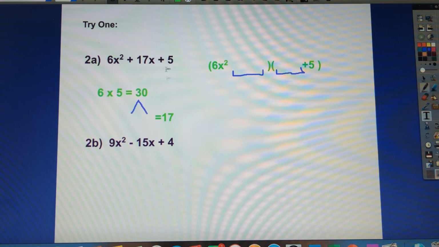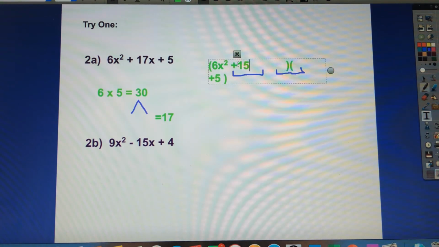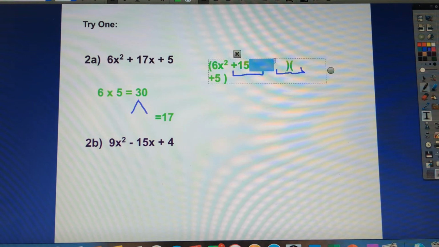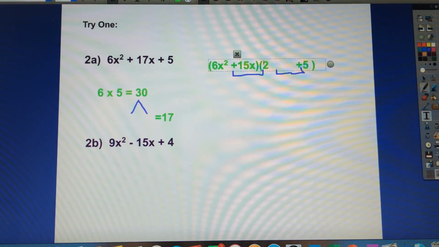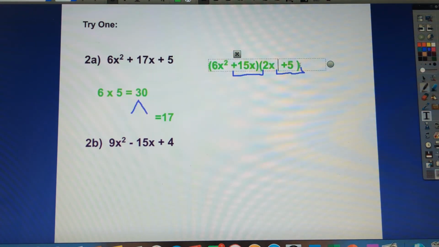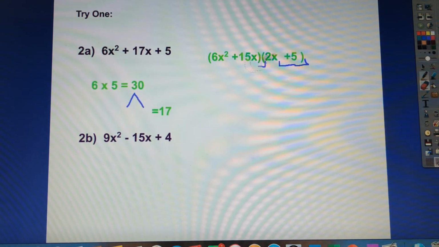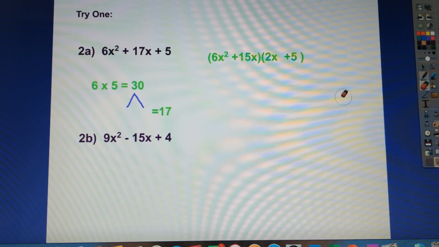Everything is positive. It seems pretty clear to me that I'm probably going to use a plus 15. Let me get rid of some of this space. And that, of course, has an x. And I'm going to use a 2x. And all of a sudden, I have my two binomials. However, they have common factors, don't they?